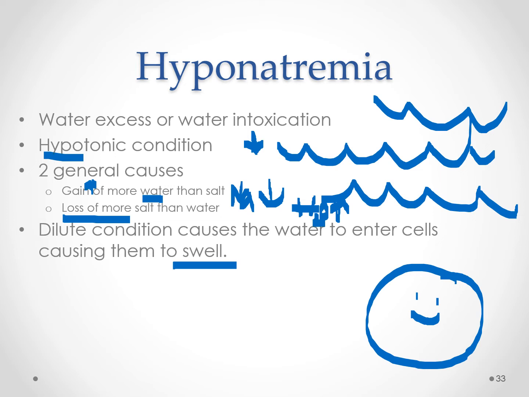We're gonna swell. Remember our swollen little guy instead of our shriveled one from last time. So hypo, we're not gonna be shriveled, we're gonna be swollen. But hyper, we're gonna be shriveled.